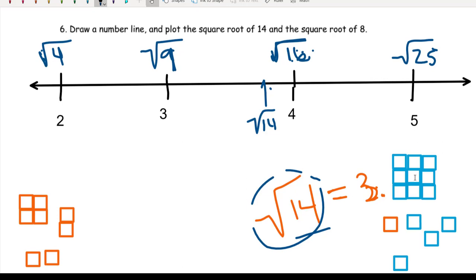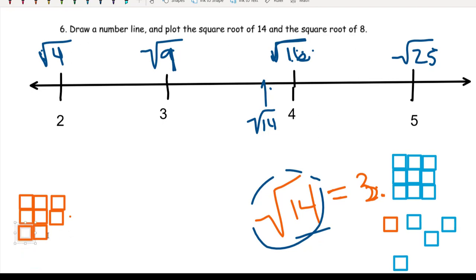So looking over here at the square root of 8. Right here, I have 8 squares. I've already arranged them into the largest square that I can make with 8. If I add these 4 squares, I'll get really close to a perfect square. I would just need one more tile and I'd have a perfect square.